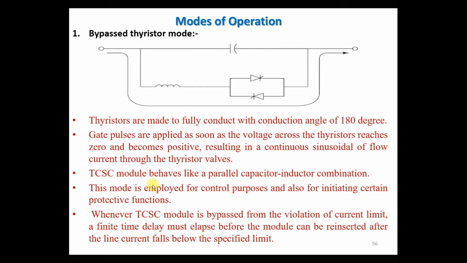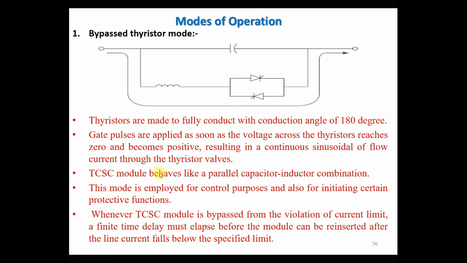In this mode, the TCSC module behaves like a parallel capacitor-inductor combination, because with complete conduction of the thyristor, the whole inductor comes into the picture. It acts as a fixed inductor, and this is a fixed capacitor.